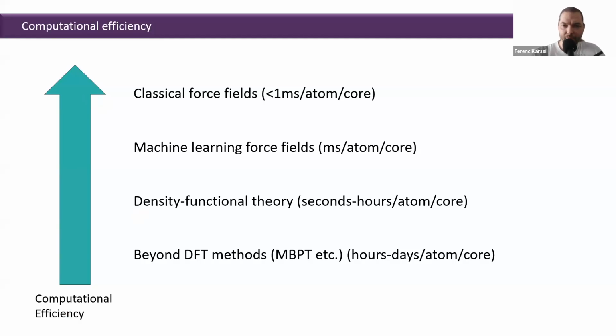But going back to efficiencies, we see that DFT needs around seconds to hours, depending on the computational parameters, of course, and the size of the system. And our machine learning force fields need around milliseconds, a few milliseconds. So this is the speed per atom per core. This means that at least the machine learning force fields are 3 to 4 orders of magnitude faster than DFT calculations.